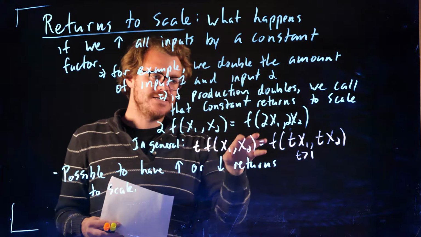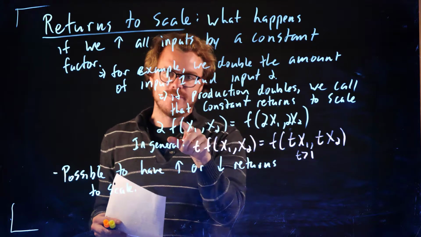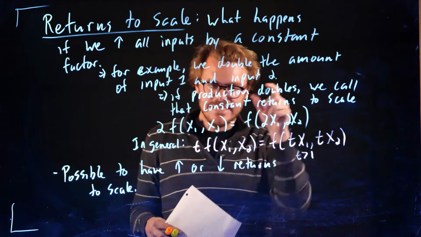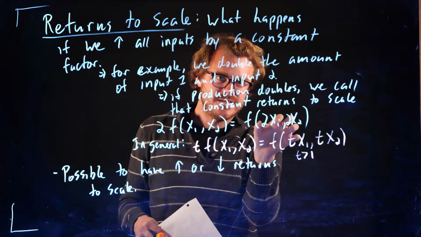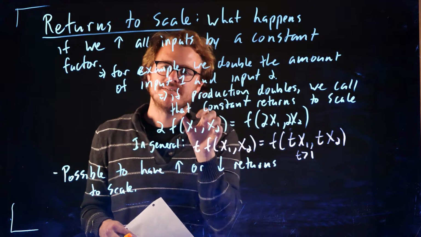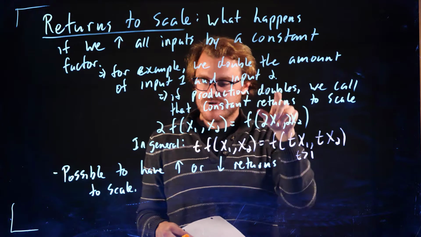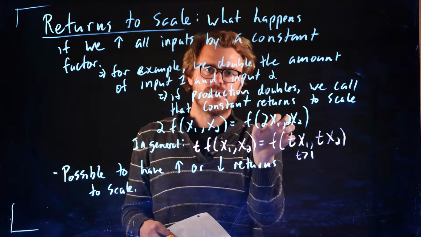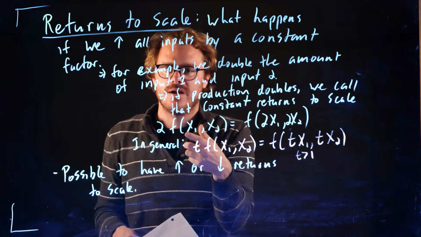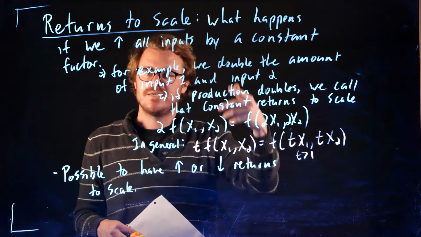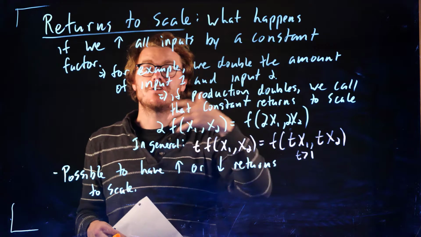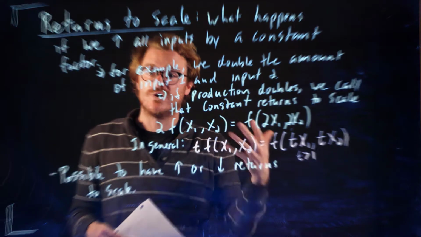But the idea here is that if we double the inputs, we double production. Well, decreasing returns to scale mean we double the inputs, we get less than double the production out of it. Whereas increasing returns to scale mean if we double the inputs, we get more than double the amount of output. So that's the idea, and it really depends on the technology and the production function we're looking at.